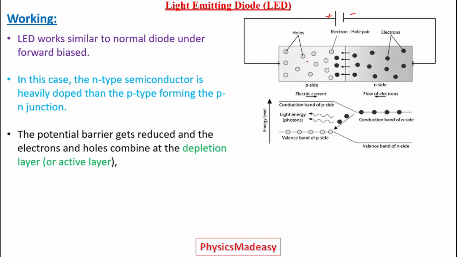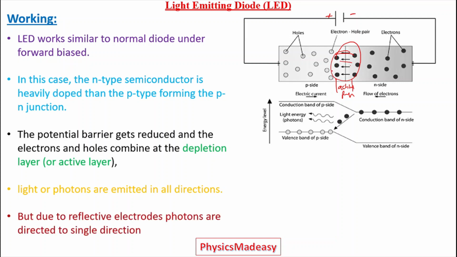The potential barrier gets reduced under forward bias, and electrons and holes combine at the junction or depletion region. We also call this region the active region. Light or photons are emitted in all directions here, but due to reflective electrodes, photons are directed in a single direction as we discussed in the previous slide.